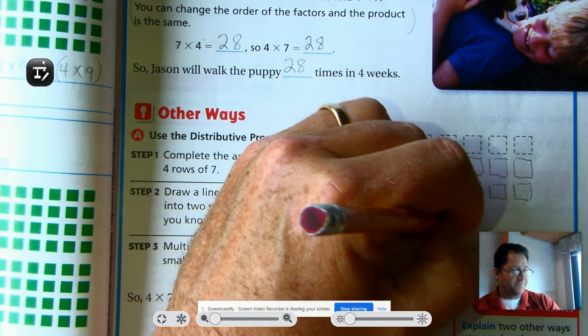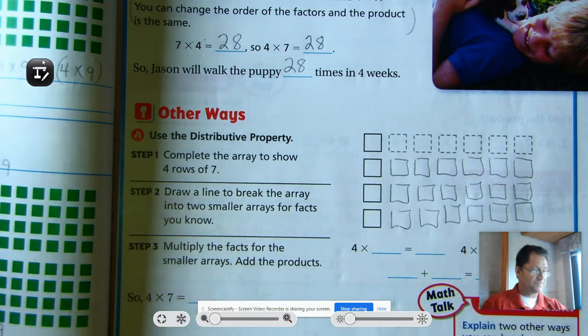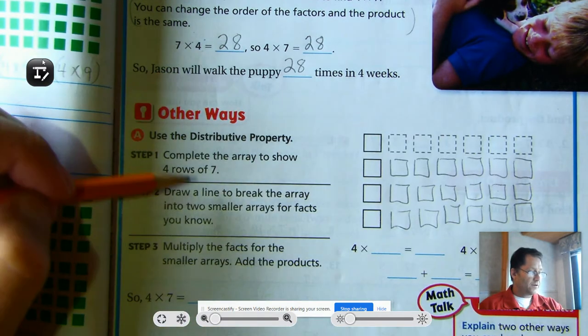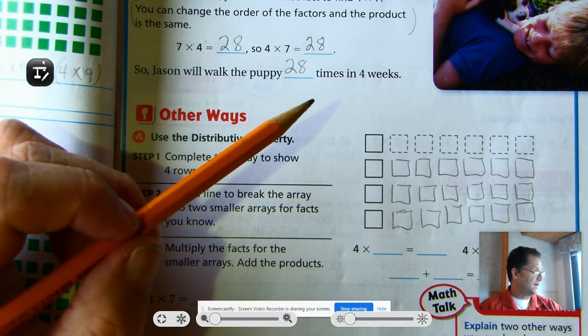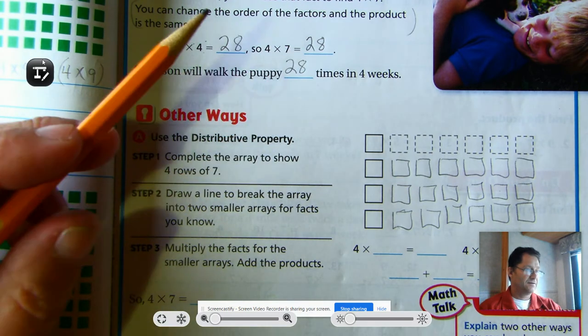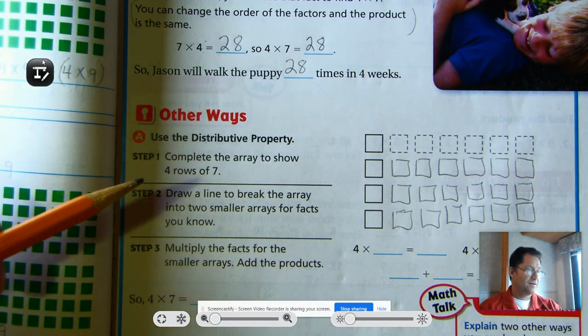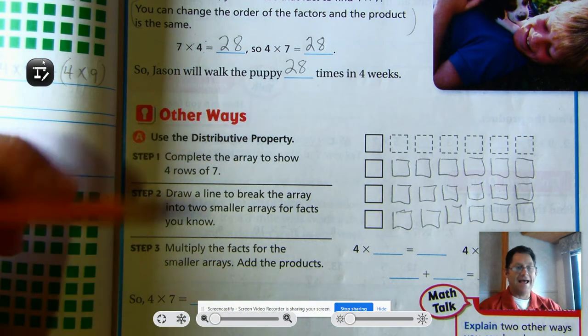So that represents the 4 weeks of 7 days. Okay, draw a line to break the array. Where distributive property is a number times the sum is the same as that number multiplied by the addends.